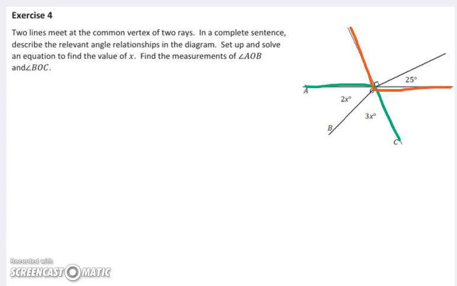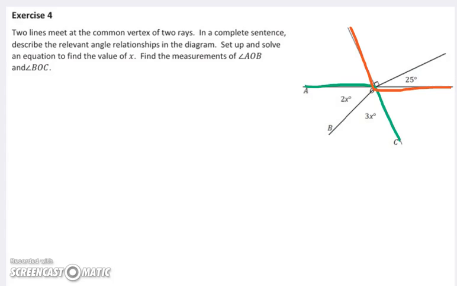So we have 2x plus 3x. Well, the angle opposite, the vertical angle, well, we know there's a 25. Now I know this one is not labeled with a number, but it is labeled. See that guy right there? That's your right angle, so make sure you add 90 to that.